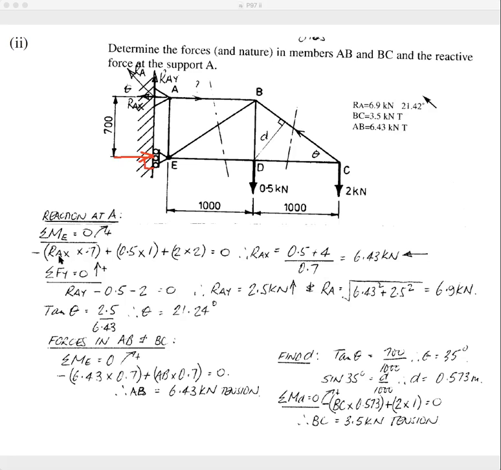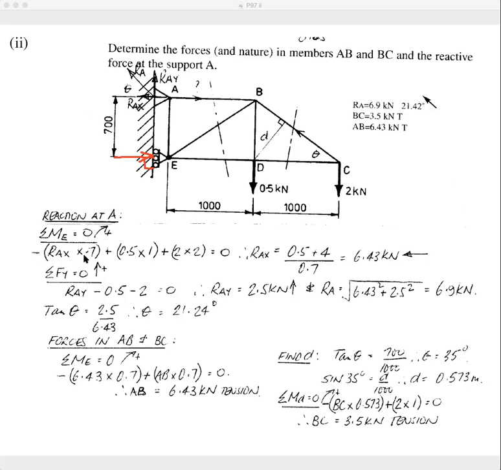So we've got RAX, that's the horizontal component of the force at A, multiplied by the perpendicular distance, which is 0.7, and that's going to go anti-clockwise. Now, we're not sure of that either. So if we get a negative answer here, it's telling us that it goes clockwise.